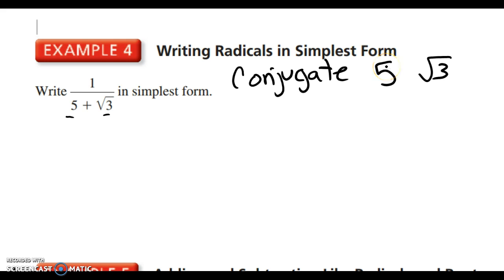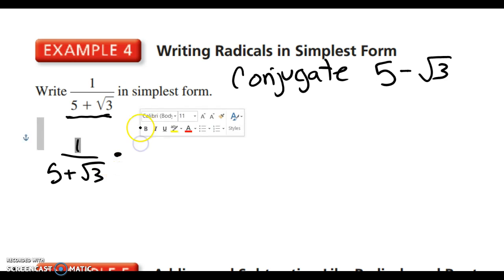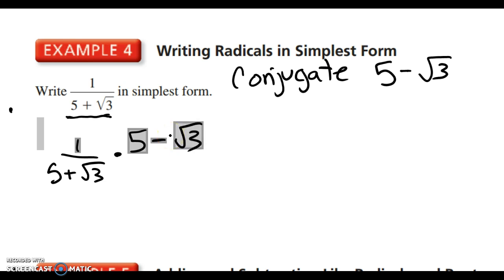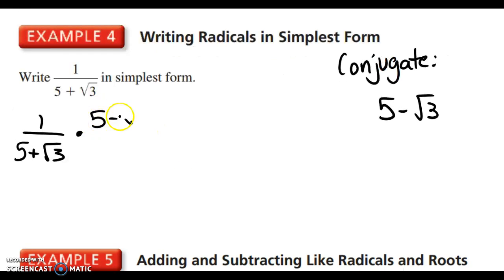So in the original problem, it's a plus sign in the middle, so the conjugate will have a minus sign. So what we need to do is multiply the numerator and denominator by the conjugate. So you can see we're multiplying the numerator and denominator by the conjugate.